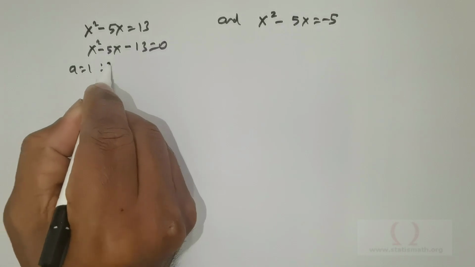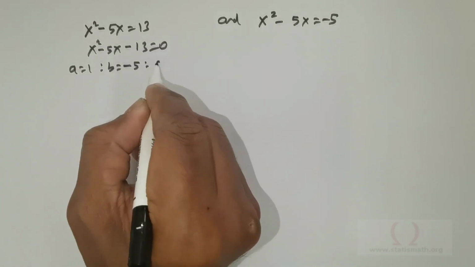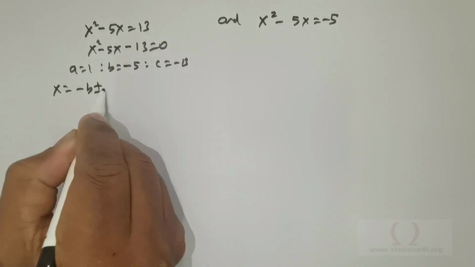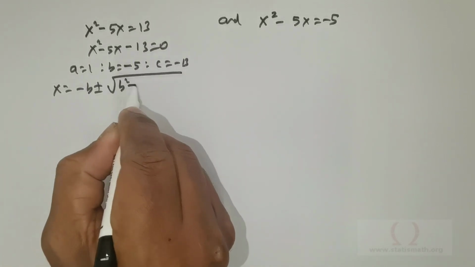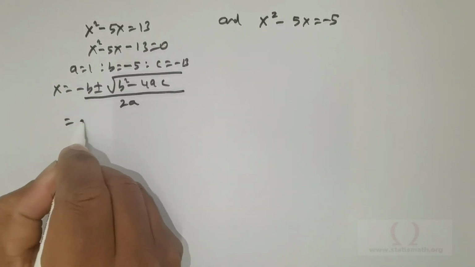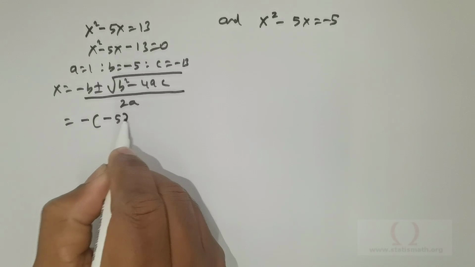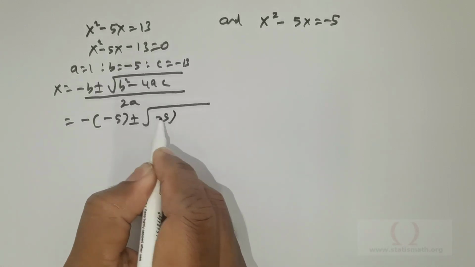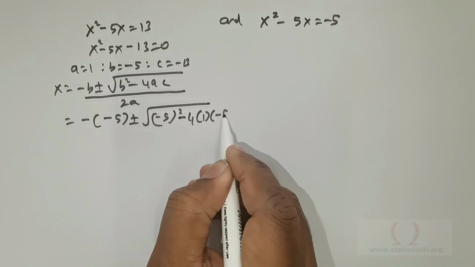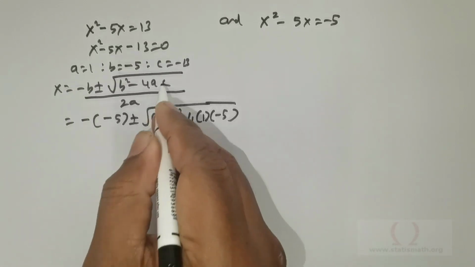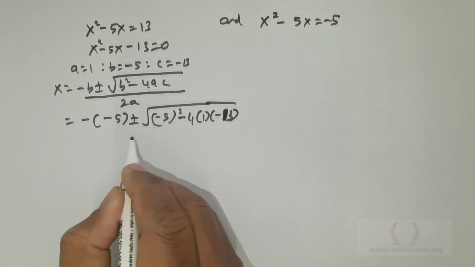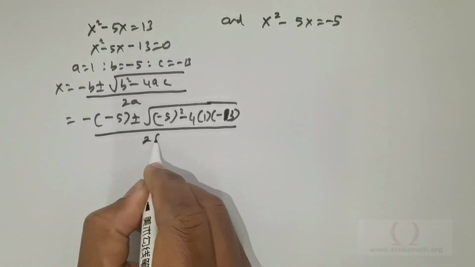So a is 1, b is -5, c is -13. x is equal to negative b plus or minus the root of b squared - 4ac divided by 2 times a. This is negative of -5 plus or minus the root of (-5) squared - 4 times a times c, where c is -13, divided by 2 times a.